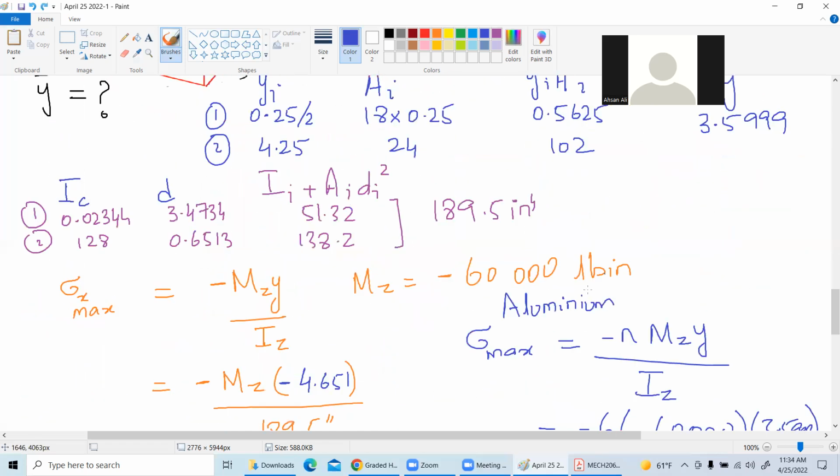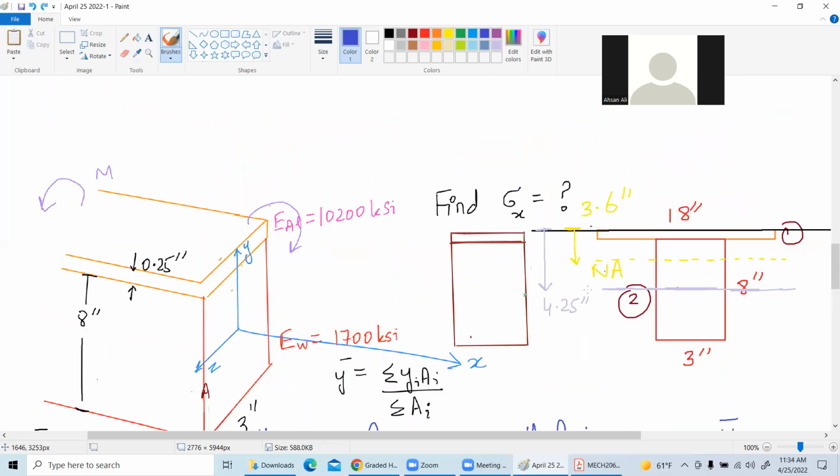So why is it 18? Because the 3 inches is the width, but I multiplied it with a 6 because 6 is the ratio of the elastic modulus of aluminum to the elastic modulus of the wood. So if I'm removing the heavier material and putting a lighter material in place of it, you have to compensate for that.